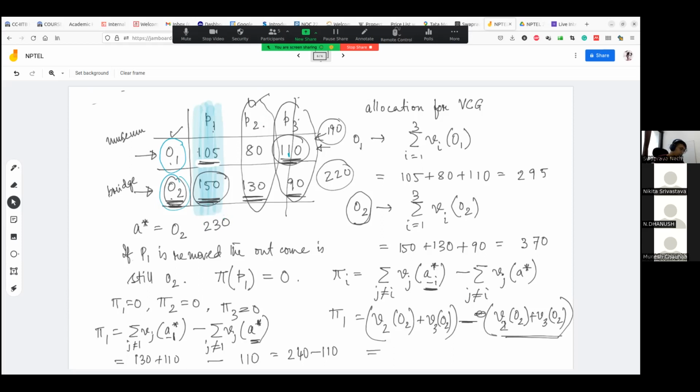But if you give O1 to player 1, you get 105 and 130 here, and that gives you 235. So this is the A minus 3 star allocation, where what I am showing in red is the allocated items. Then you calculate the corresponding V minus i's accordingly and you'll find the corresponding values. It's a little involved, but if you just use the formula, you will get the answer.